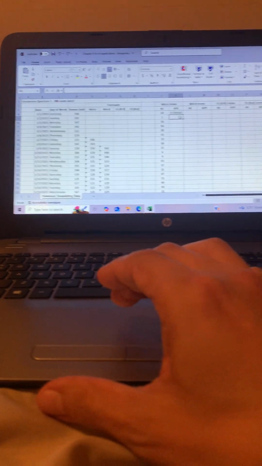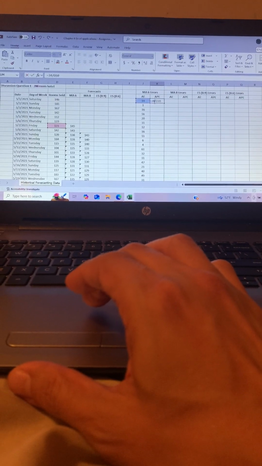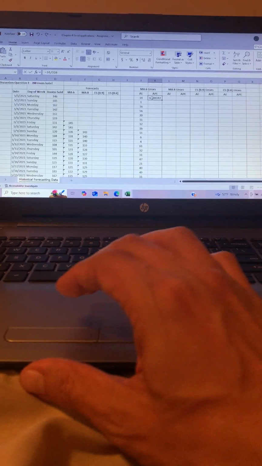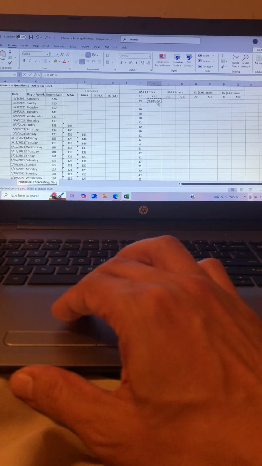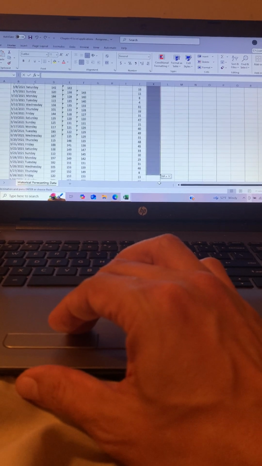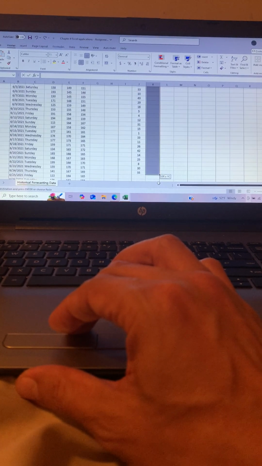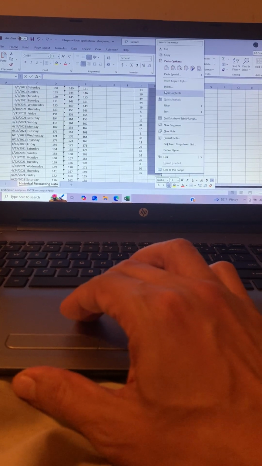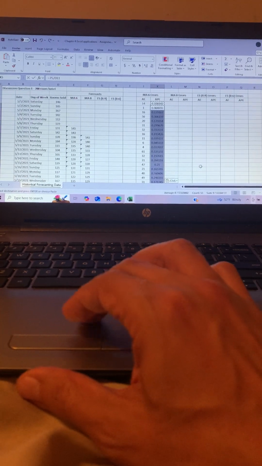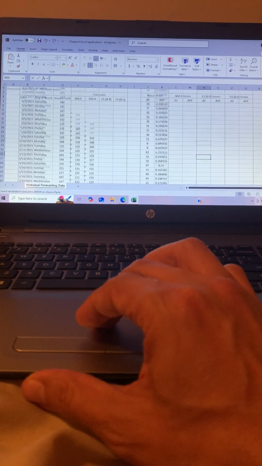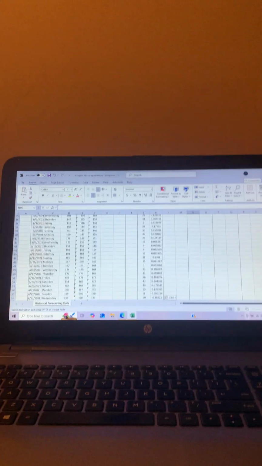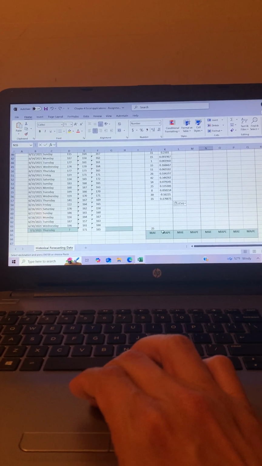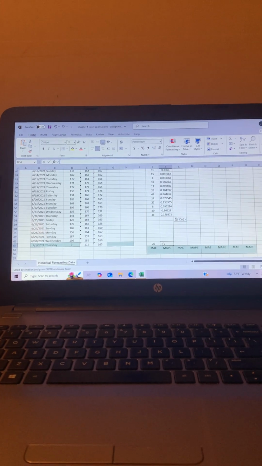So again, we're going to copy and paste. And that's our calculations for our percentages. So again, we're going to find the average for that.